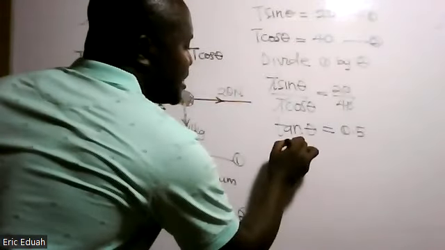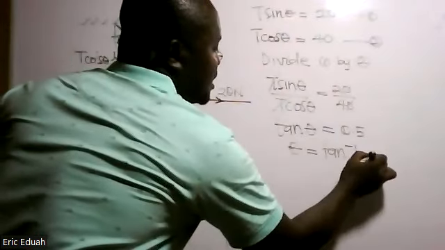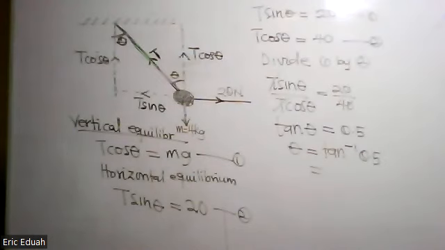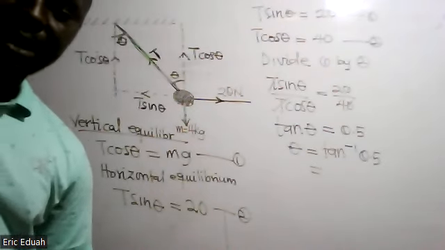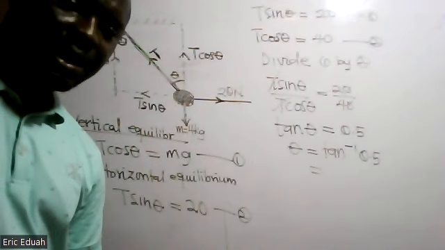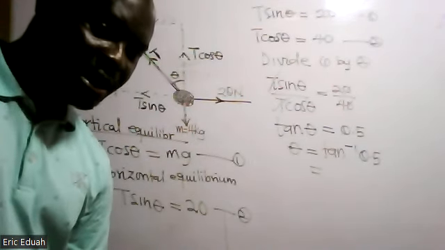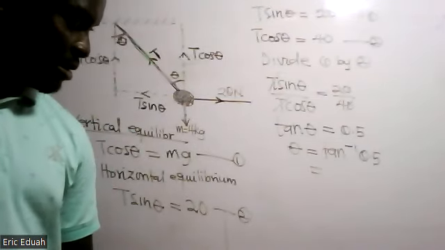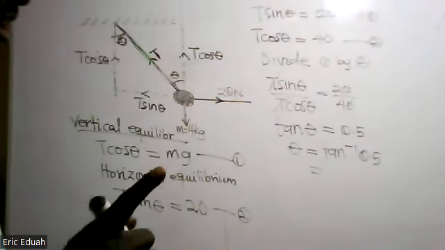Therefore, we can find theta straight away. Theta is therefore equal to tan inverse of 0.5. And what is theta? Our network is not good. 26.57, okay, 27 degrees.